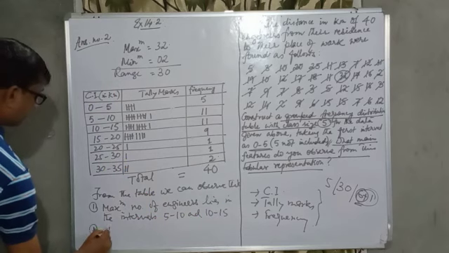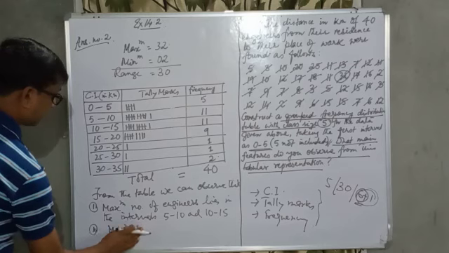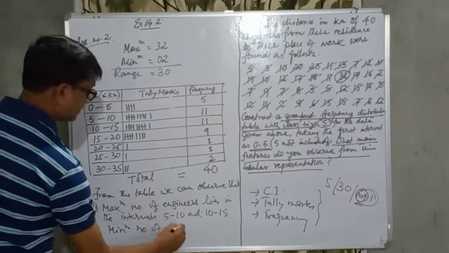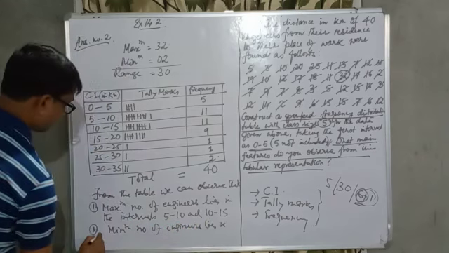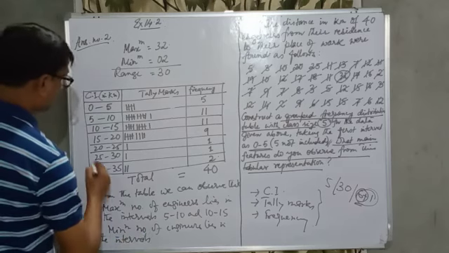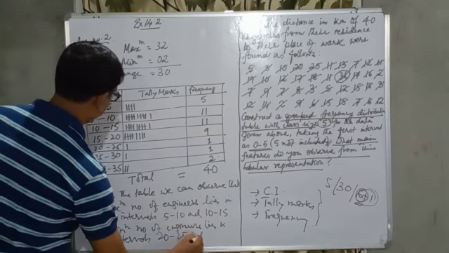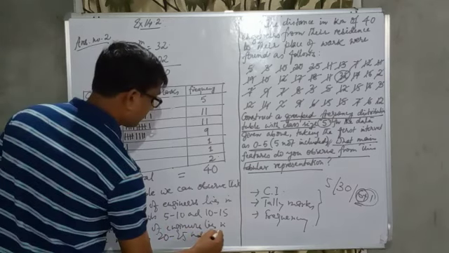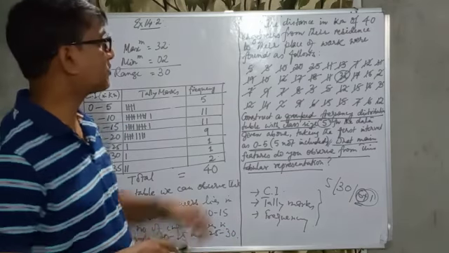Number 2, minimum number of engineers lies in the intervals 20 to 25 and 25 to 30. This is the answer to these questions.